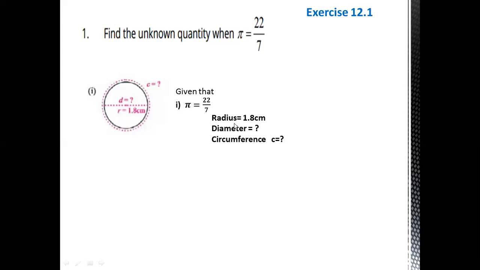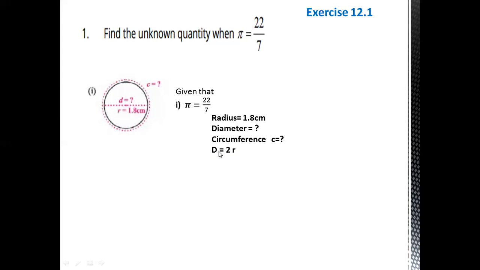Look, C and then question mark means that circumference you are going to find. So diameter is equal to 2r. 2r means 2 multiply radius. This is the formula of diameter. You know that diameter is this line which passes through the center and radius is from center to boundary. So 2 times radius is equal to diameter.